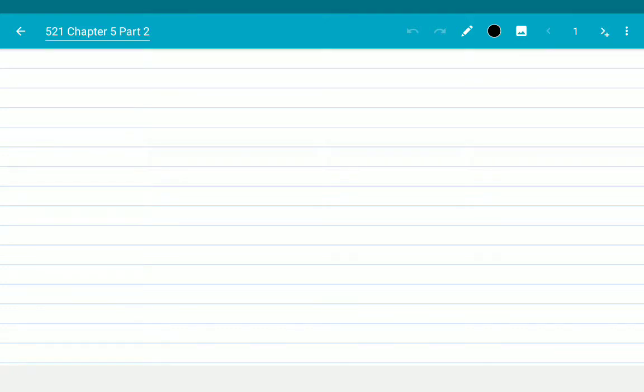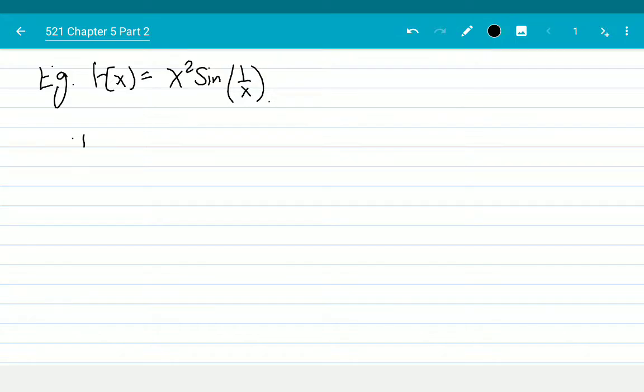We saw before in the example that f of x is equal to x squared sine 1 over x, that f prime might exist everywhere, f prime of x exists for all x, but f prime is not continuous everywhere.